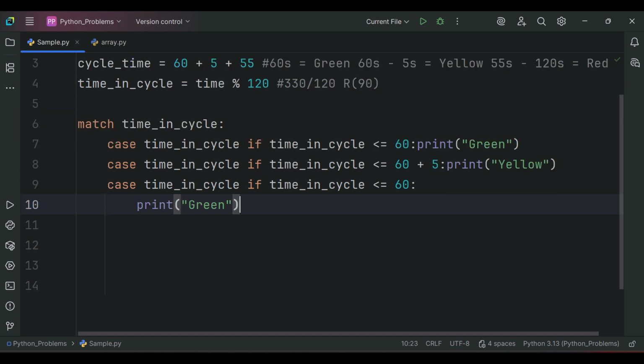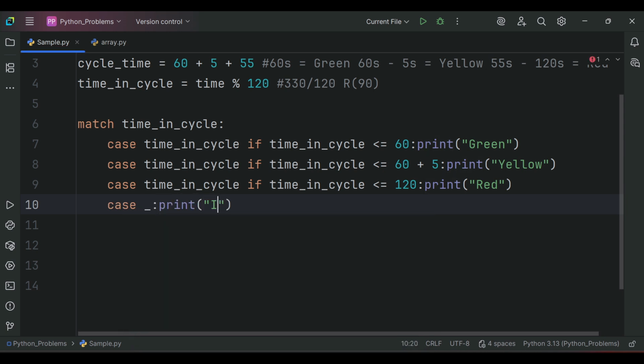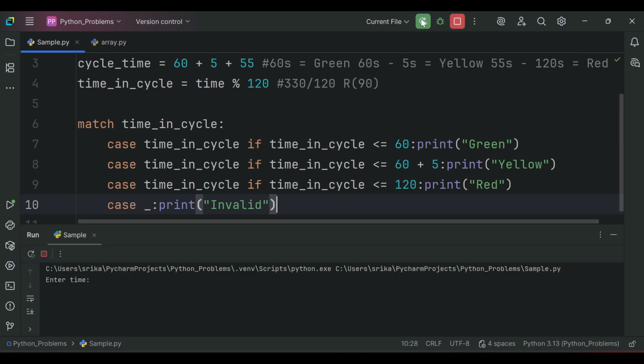Next, if the timing is 120, at that time it will print red. The remaining all cases print invalid. Okay, friends, this is the program. Let's see the output.